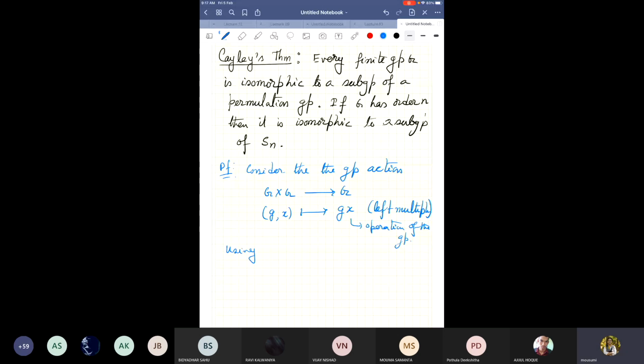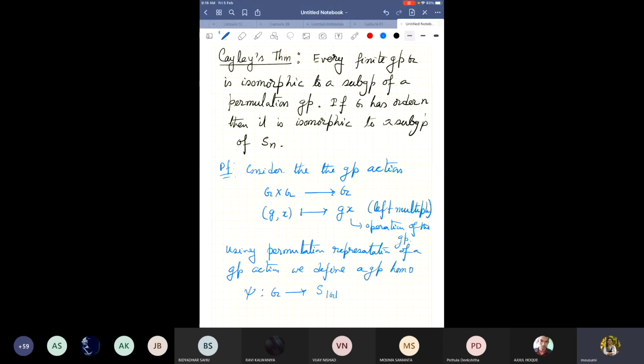So now, using the permutation representation of a group action, we define a group homomorphism, say psi, from the group G to S_G, the symmetric group on the set G, which has n elements if G is of order n.